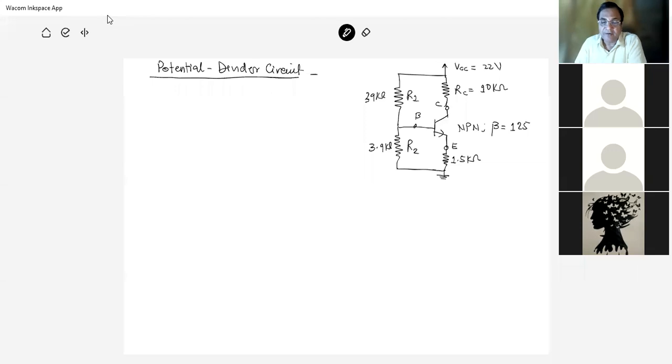And this value is VBE. And this VBE, base emitter voltage, is 0.7 volt.